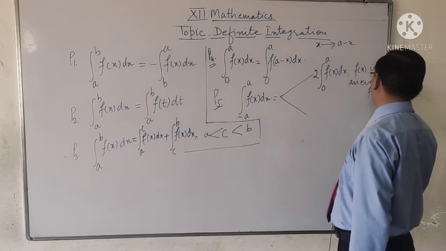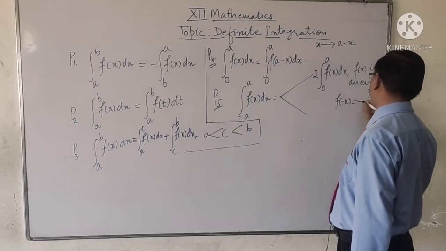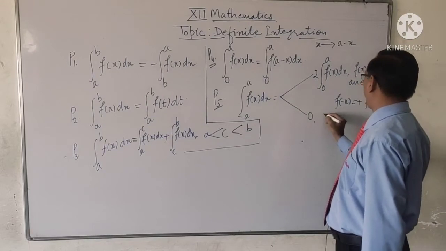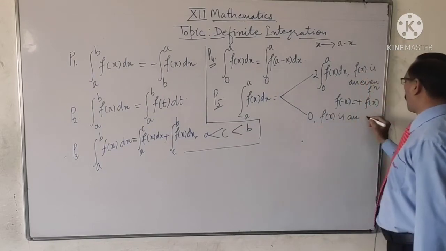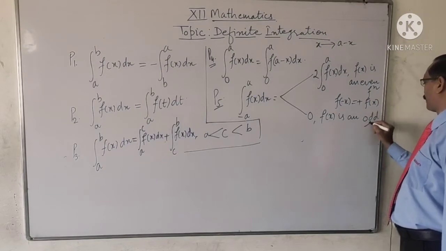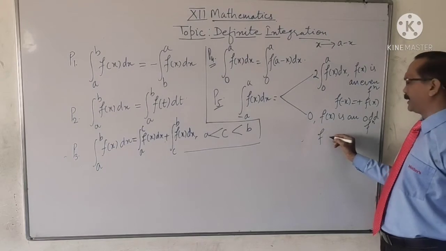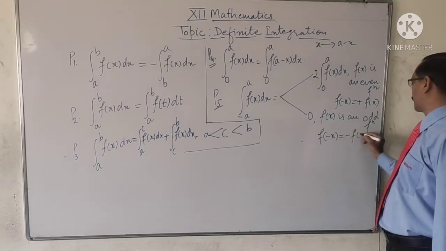Even function means f(minus x) equals plus f(x). And it is 0 when f(x) is an odd function. Odd function means f(minus x) equals minus f(x).